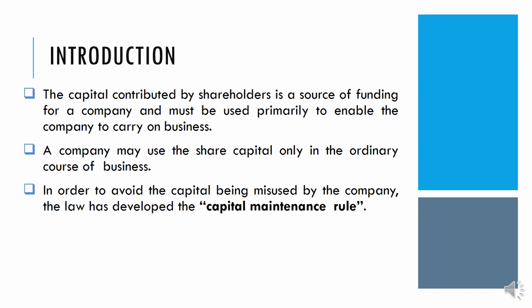Okay. Basically, capital maintenance rules is for what? To avoid the company or the directors of the company or the board of directors who actually handle the company from misusing the company's capital. So this is why we have capital maintenance rules. So this is what we are going to talk about, capital maintenance.